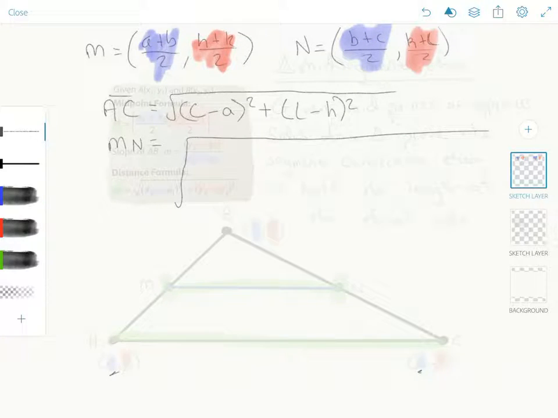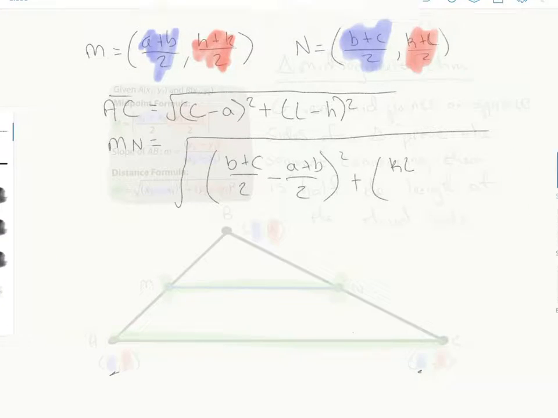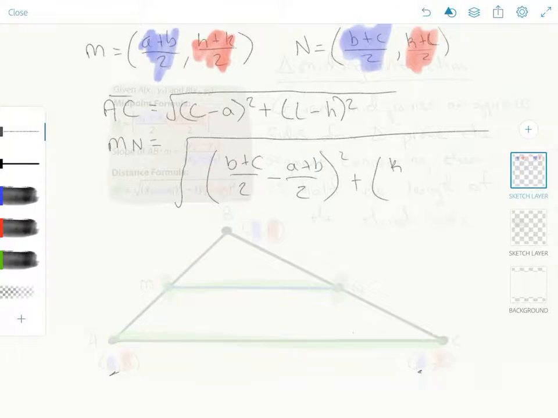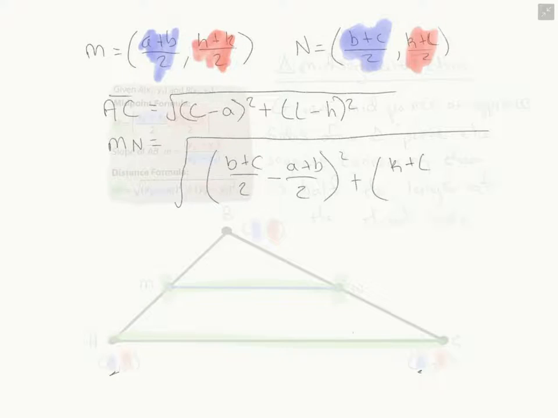So we're going to plug it into the formula and see what we get. x2 minus x1 squared plus y2 minus y1 squared.